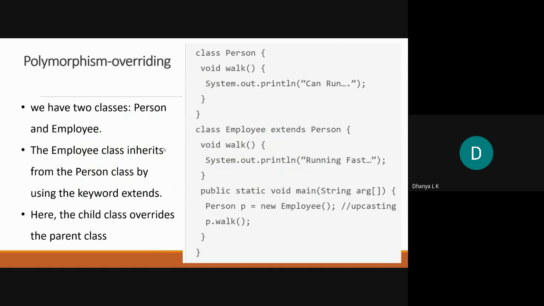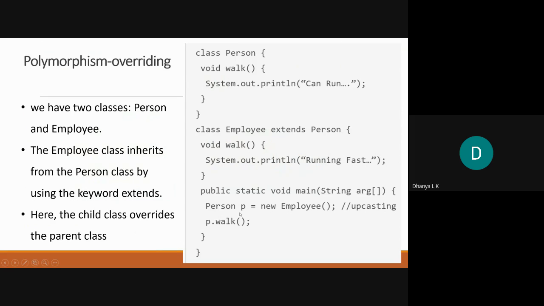If the same name function is present in both the base class and the child class, it will override the base class. You should be clear on this. You can see here the parent class has a function walk. The child class also has a function walk.